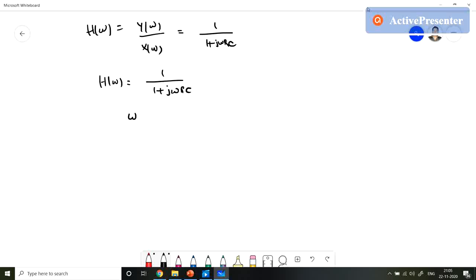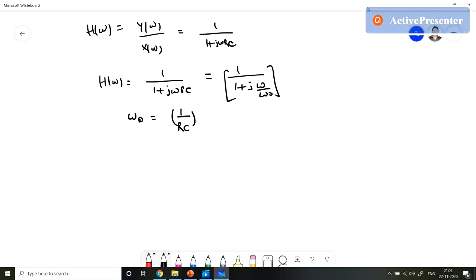We can further write it as 1 divided by 1 plus j omega divided by omega naught. So what is omega naught? Let omega naught be equal to 1 divided by RC. So we have written this expression in this form.